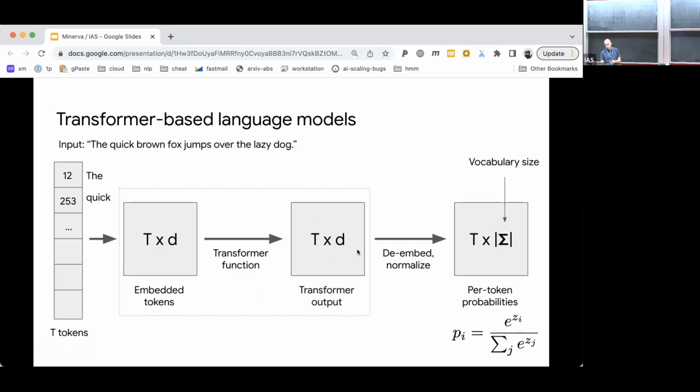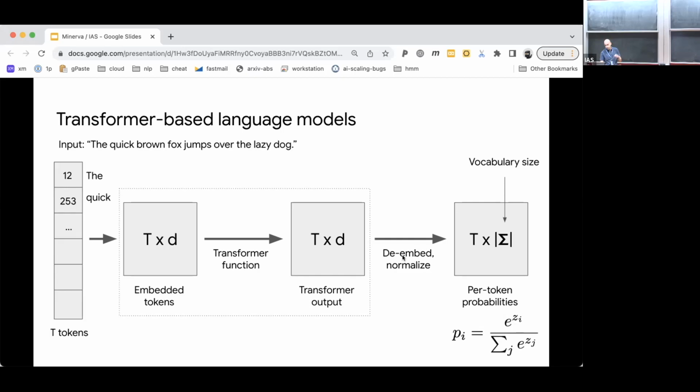Basically, we take this matrix and we usually linearly transform it into a matrix of size T times the size of our vocabulary. So now for every token, we have a vocabulary-size vector. We interpret this as unnormalized probabilities, and then we normalize them using a Boltzmann distribution.